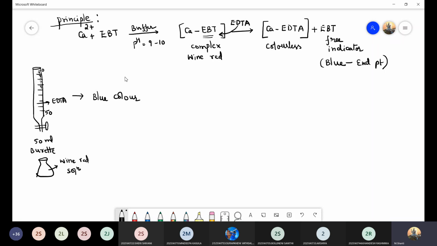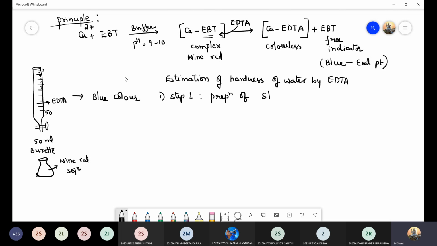Then we'll have the estimation procedure. I'll put the heading as estimation of hardness of water by EDTA method. So 4 steps are there. Step 1, preparation of standard hard water.